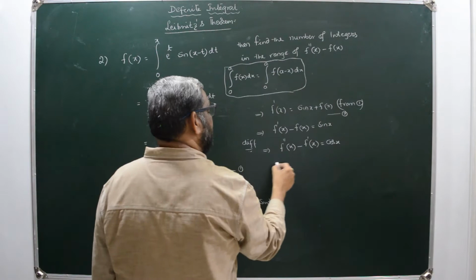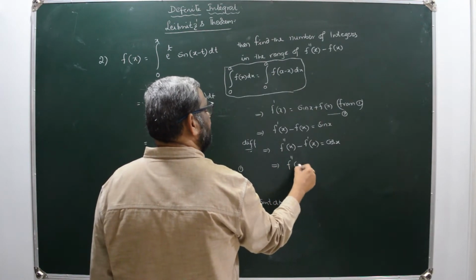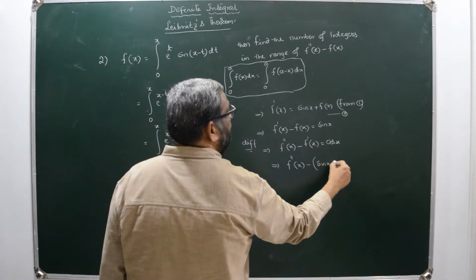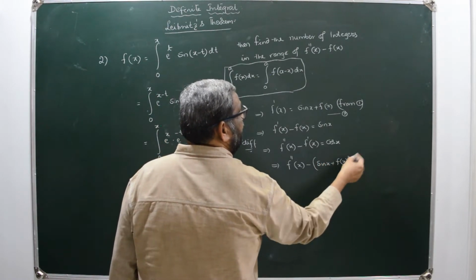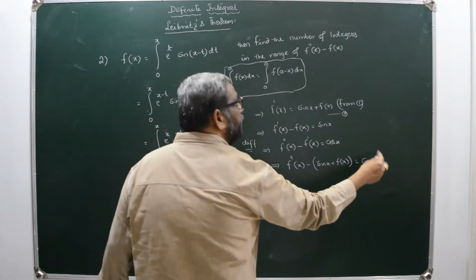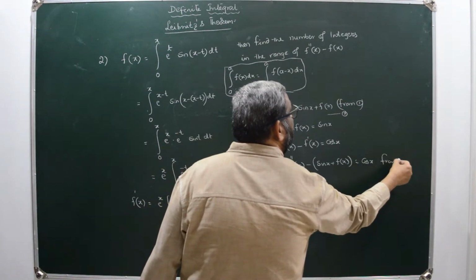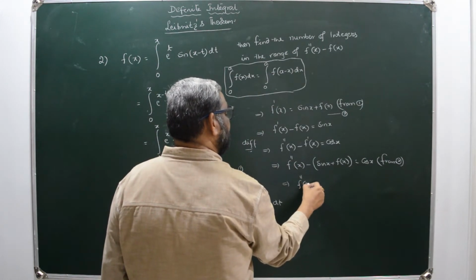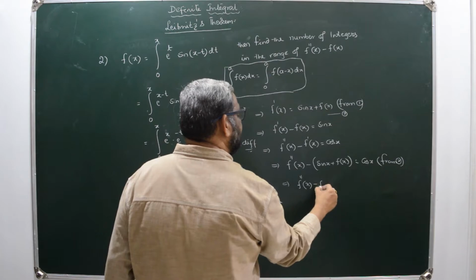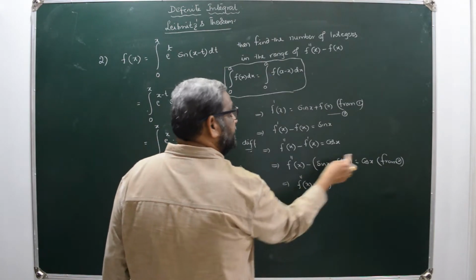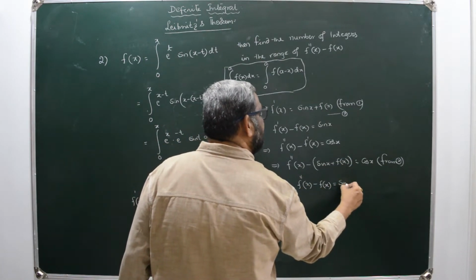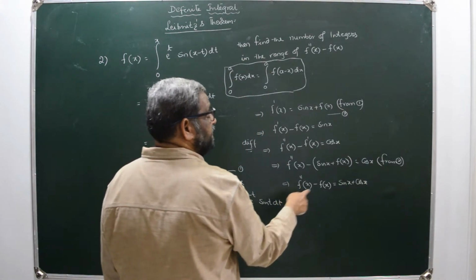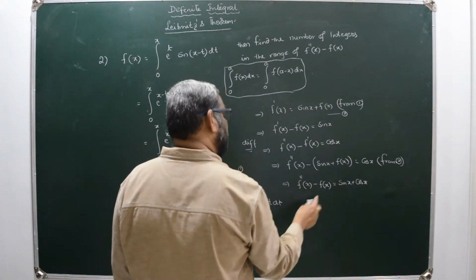From 2 I can write f'(x) is minus sin x plus f(x) is equal to cos x. And therefore f''(x) minus f(x) minus sin x, I will bring it to the right side, equals sin x plus cos x. So f''(x) minus f(x) is equal to sin x plus cos x.